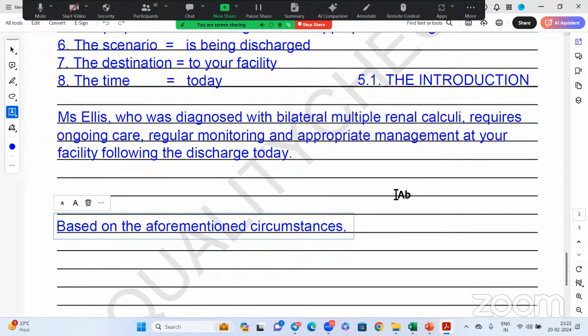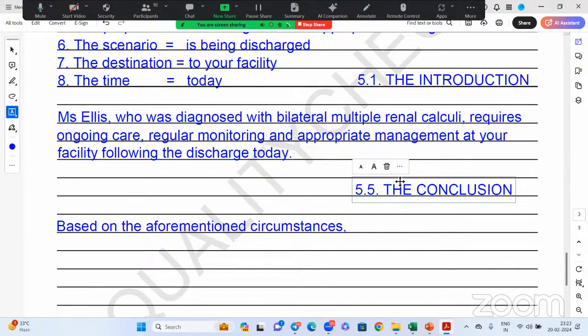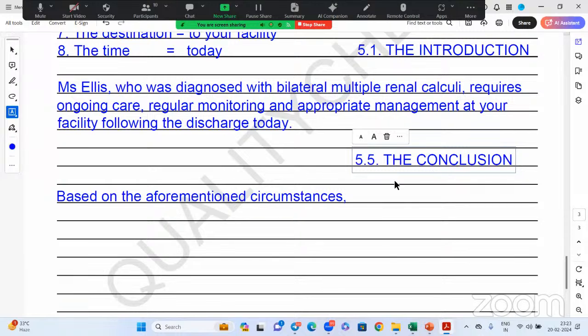This is conclusion. In between body line, that is different thing. So we are writing the conclusion 5.5. 5.2, 5.3, 5.4, that we'll see later. Based on the aforementioned circumstances, to write the same thing but in a different style.